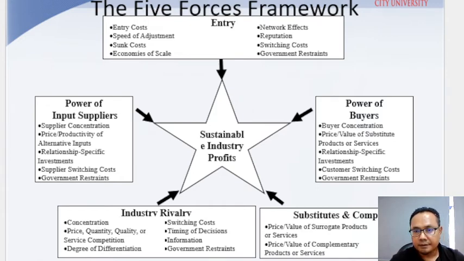If it is too easy for new companies to enter the industry, it will affect the margin and profitability of incumbent companies.